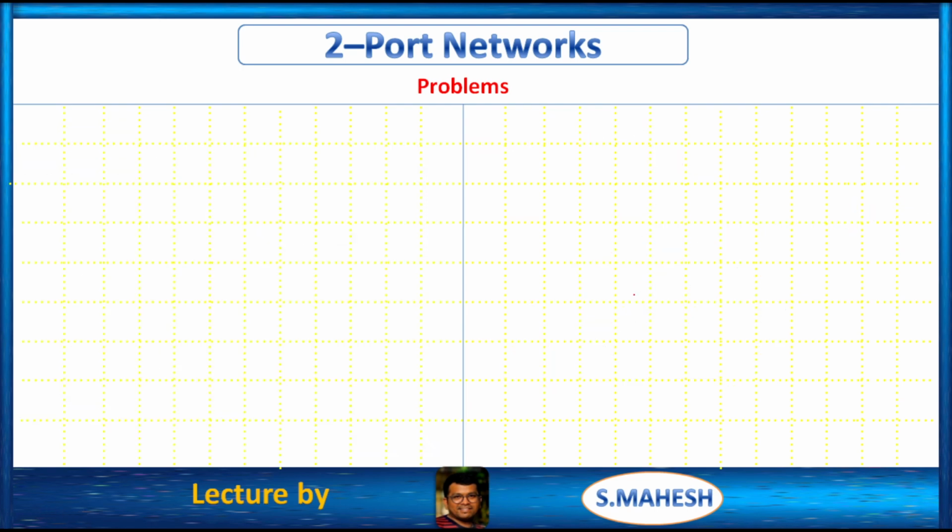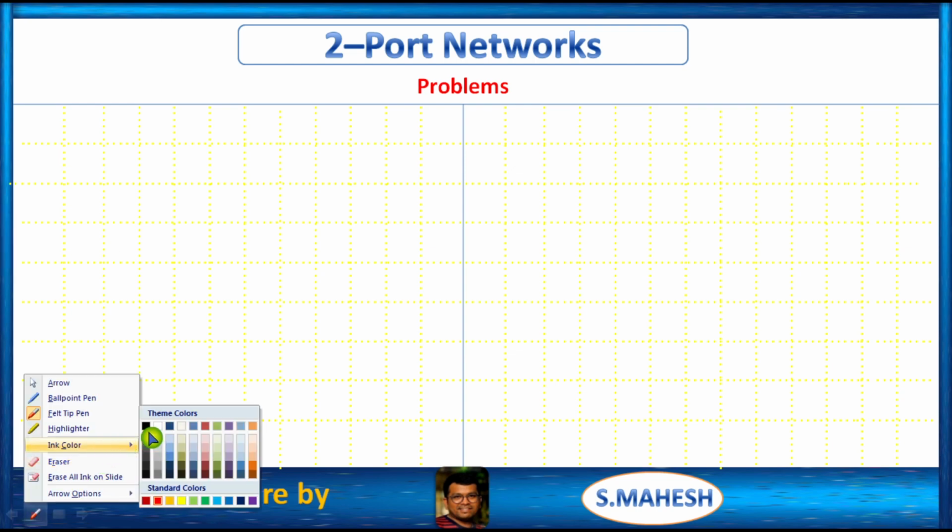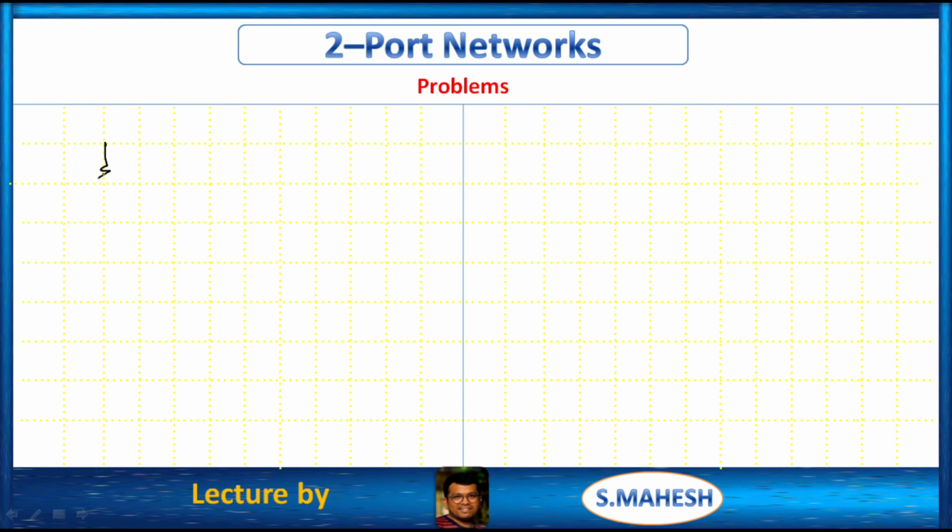Then the circuit becomes, this is V1, this is R2, this is simply I2, because I1 is 0, therefore the only current through this branch is I2.